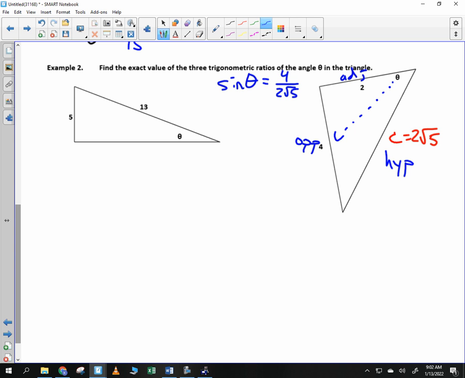Can you simplify that? Yeah, 4 over 2 is 2, so I have 2 over the root of 5. Can you leave the root of 5 in the denominator? So you multiply the top and bottom by the root of 5, and you get 2 roots of 5 over 5. Yep.